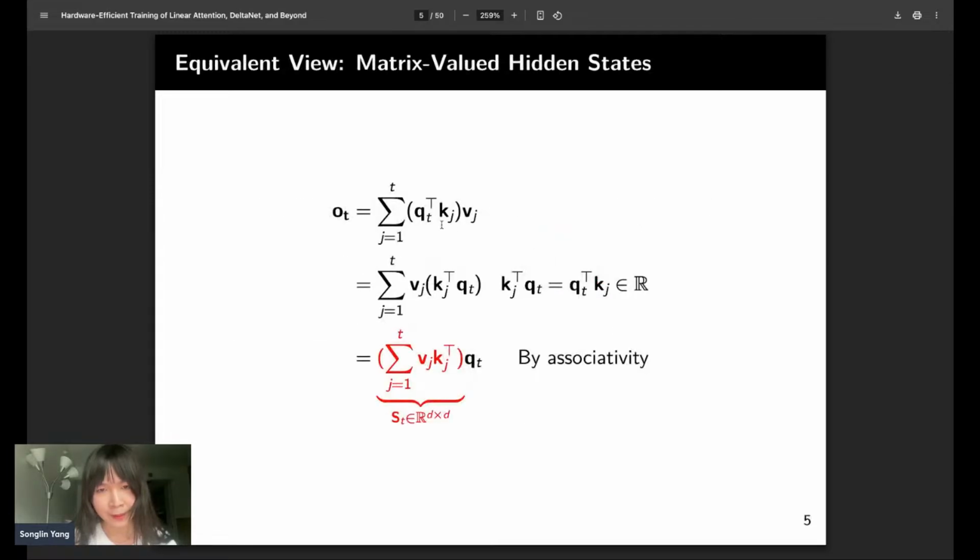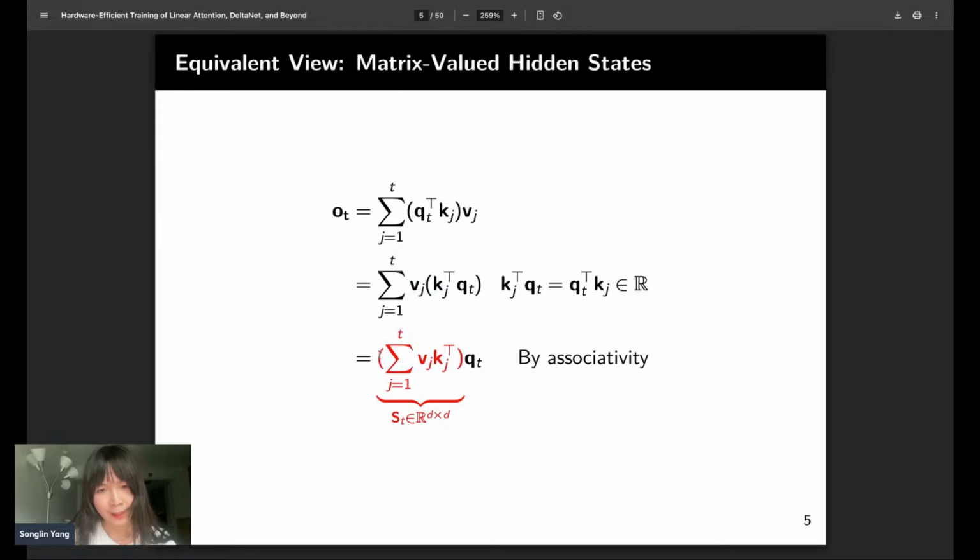Let's dig into it. Here we have this attention score. We don't have the softmax operator, so it is a fully linear operator. This is a scalar value, and we move this scalar value to the second position. Then we leverage the associativity property of these linear operators to compose the value and the key first.